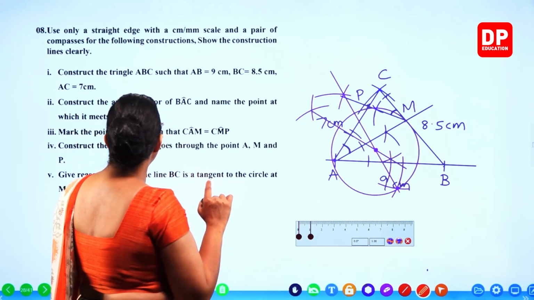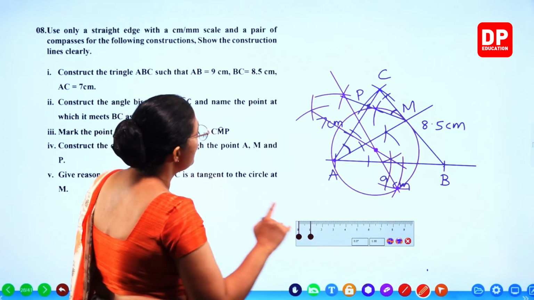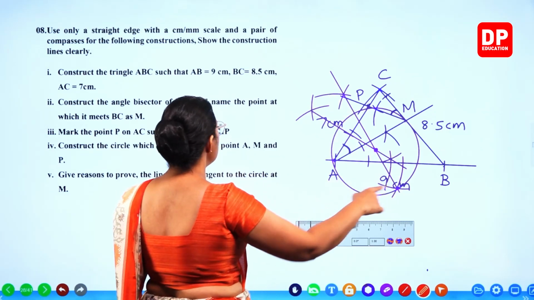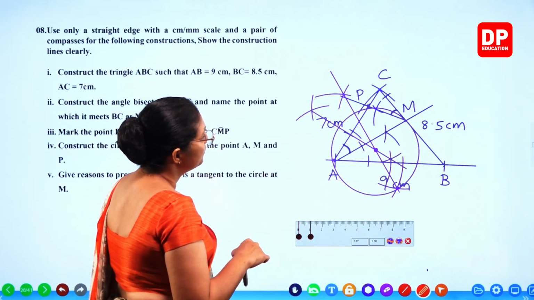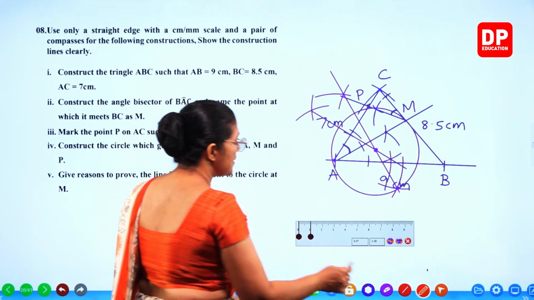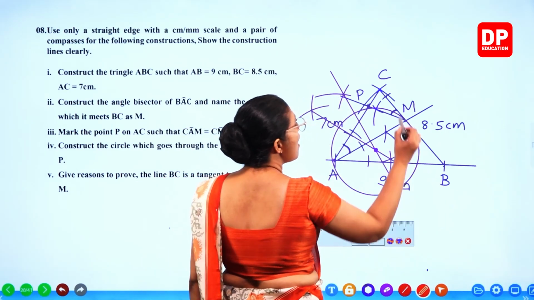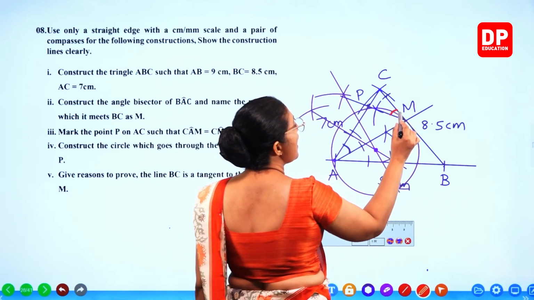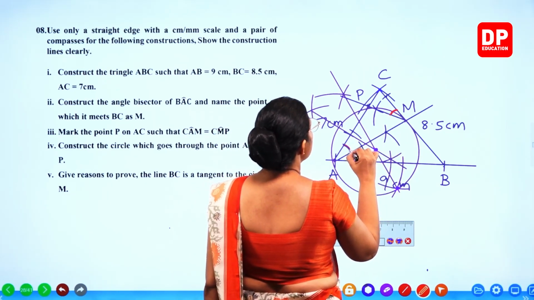Give reasons to prove the line BC is a tangent. BC becomes a tangent to the circle at M. Can you see this? Because we took this angle equal to this angle.